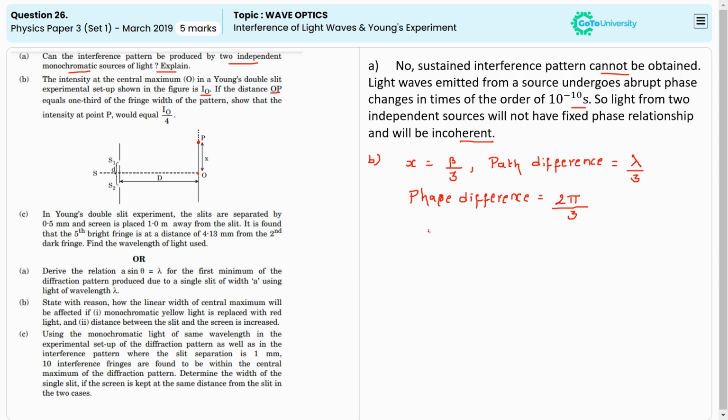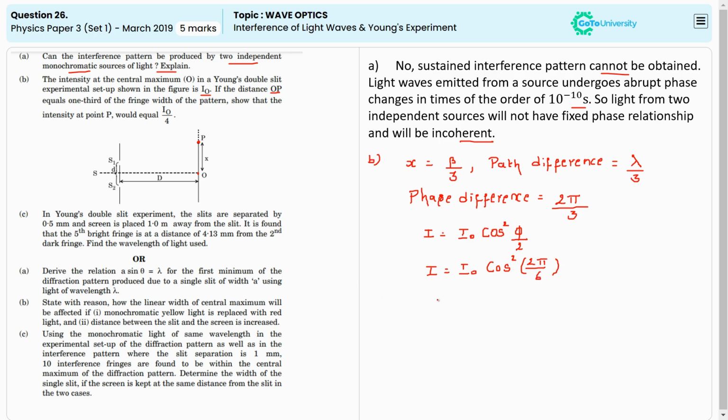Then I is equal to I0 cos square phi by 2, and I is equal to I0 cos square of 2 pi by 3 times 2. 3 times 2 is directly 6.